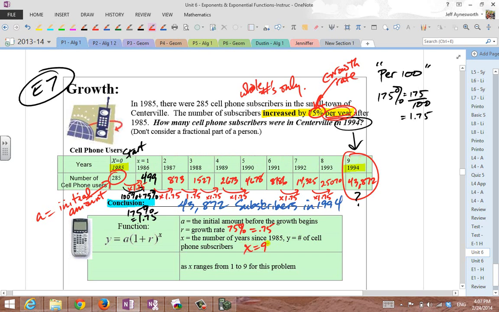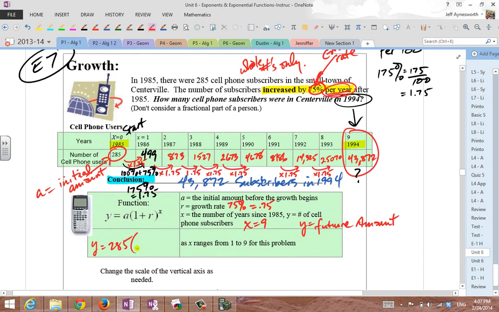So if I wanted to really do this using an exponential function, I could do that. I can say y, the future amount, equals the initial amount, which is 285, times 1 plus the growth rate, which is 0.75, to the power of 9, because it's 9 years since 1985.